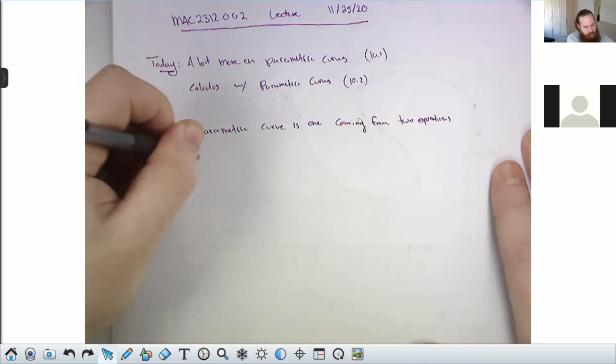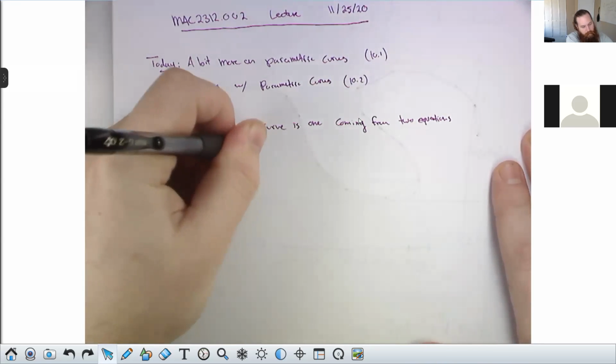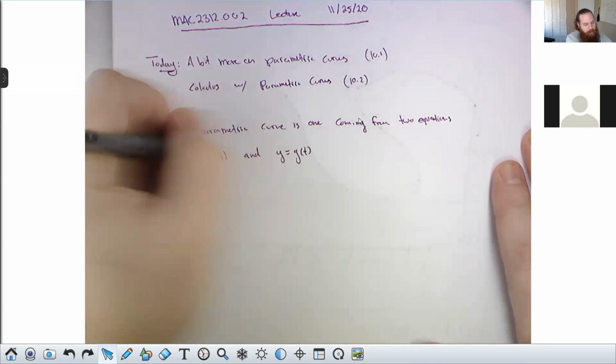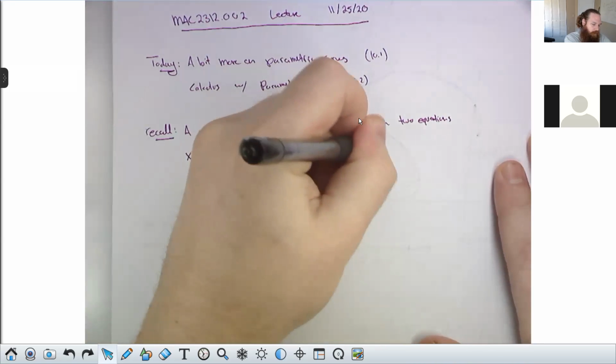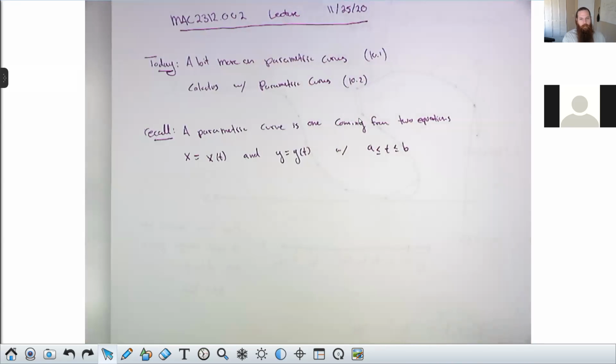X is given as a function of time, and y is given as a function of time, independent of each other. And usually you'll have a time domain specified also. So the variable here is t. X and y are both dependent variables. T is the independent variable.